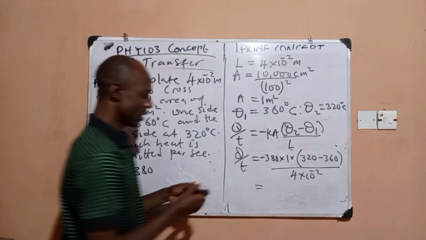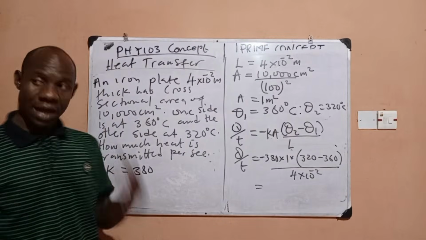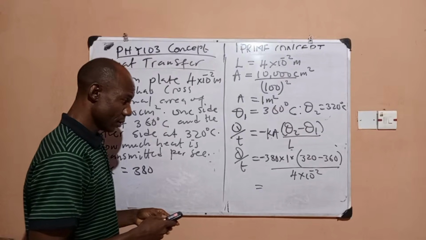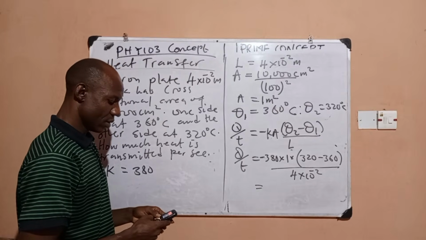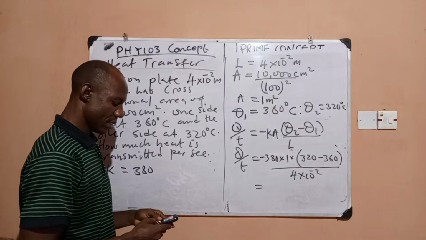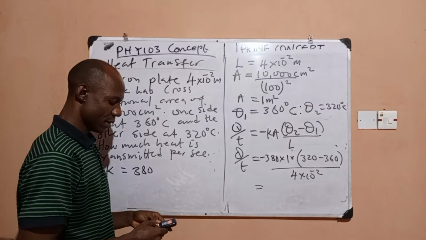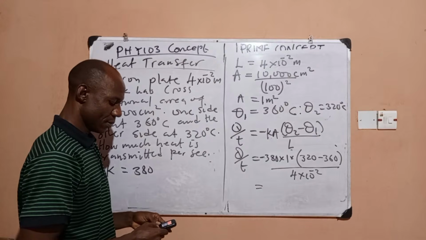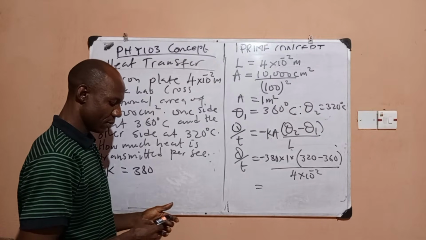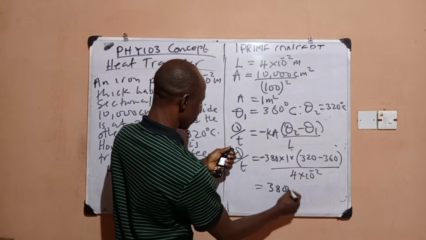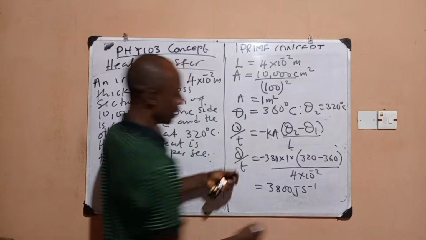So 320 minus 360 is minus 40, times 380 divided by 4. So this is 3800 joule per second. So this is our answer.